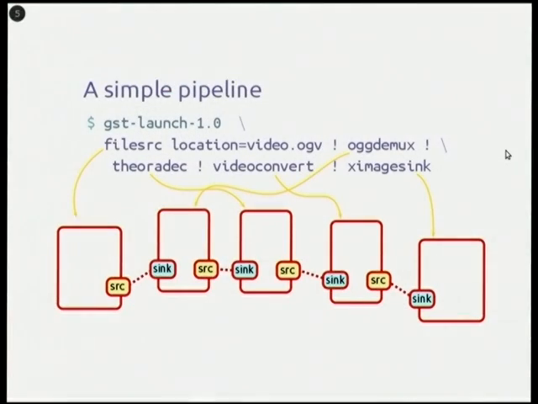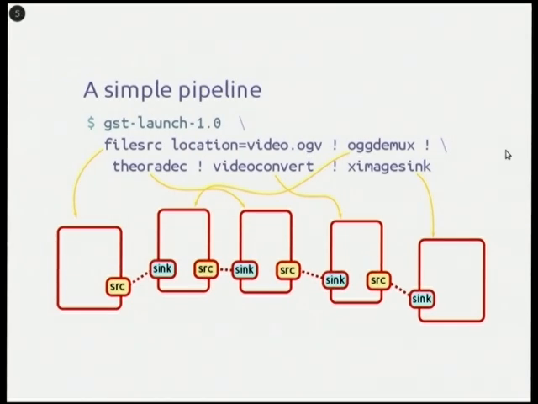So this is setting up 5 elements and passing something between each one. You name your elements, you put them in the order that you want them to go, and they find the links automatically. And what this is doing is playing a video.